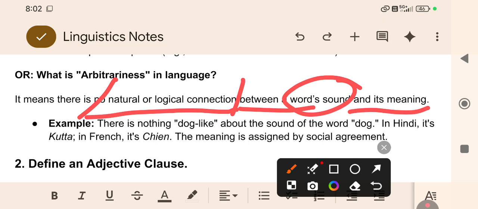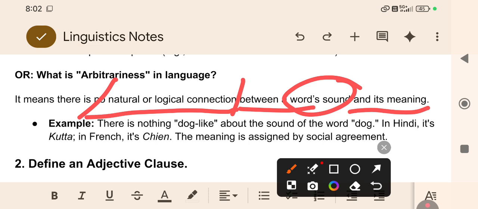Another one is tube light. Another one is AC. So we have named the words for our convenience, but there is no logical connection between the word's sound or between words and meaning, right? In other words, there is no connection between the concept and the word.